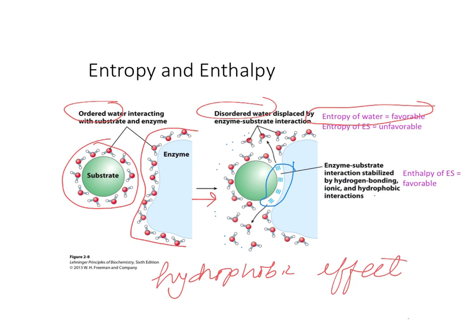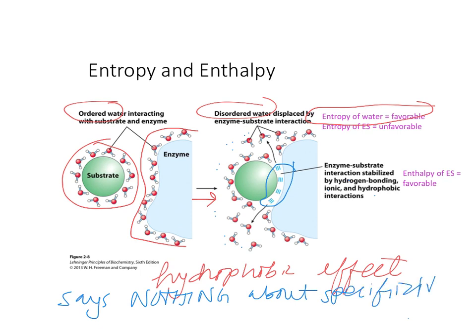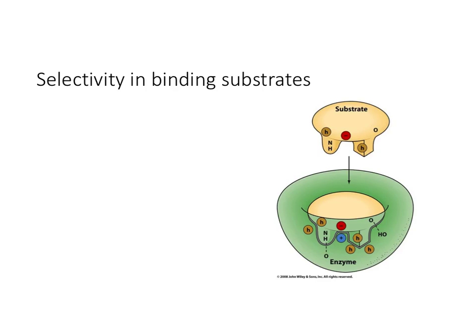But the hydrophobic effect says nothing about specificity. Go there next. Okay, selective binding and substrates. There are three parts to this, and you have to have all three parts in order for this to work.